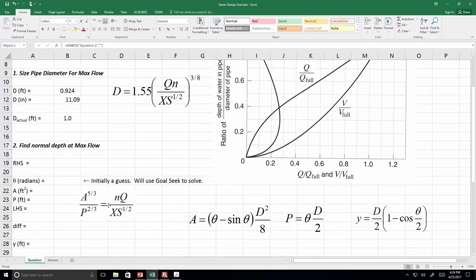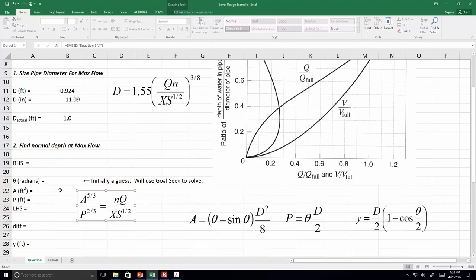Right-hand side. So this is rearranging Manning's equation. We're going to have the right-hand side, which is n times q divided by x times s to the 1/2, and then the left-hand side is going to be the area to the 5/3, the wetted perimeter to the 2/3.